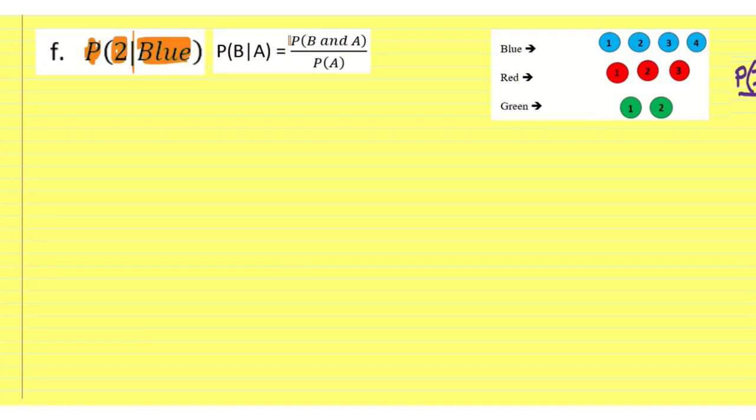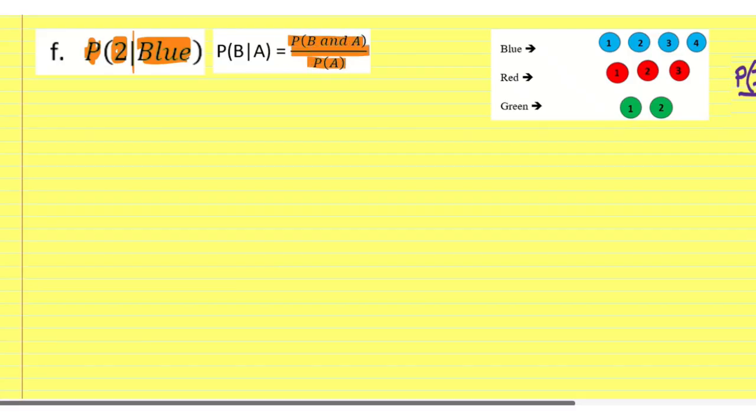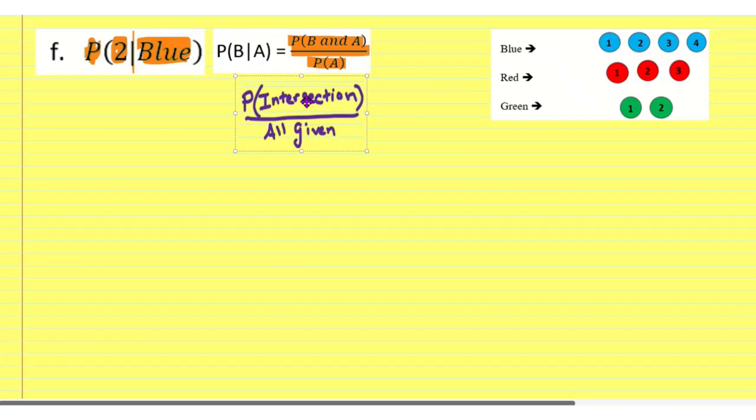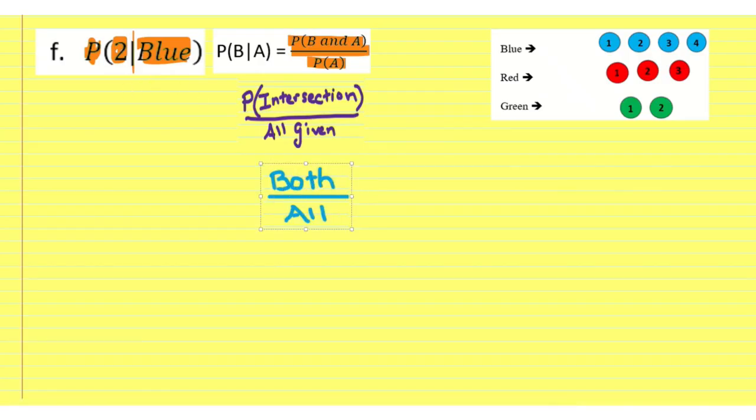Again, the formal equation is the probability of B and A divided by the probability of A, but we can think of that as being the intersection over all of the given, or we can shortcut it even more and say both a 2 and a blue marble. So what is both blue and 2? Well, again, that was just one marble. So that can be 1 and then all of the given.